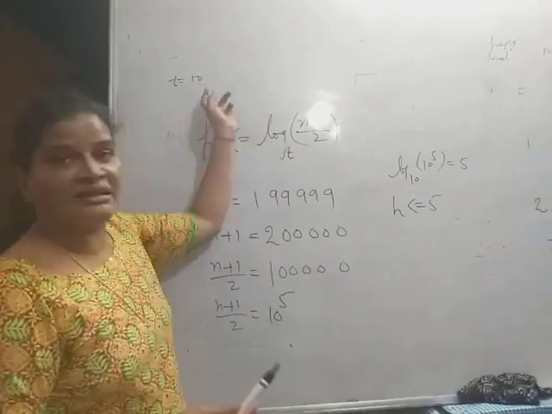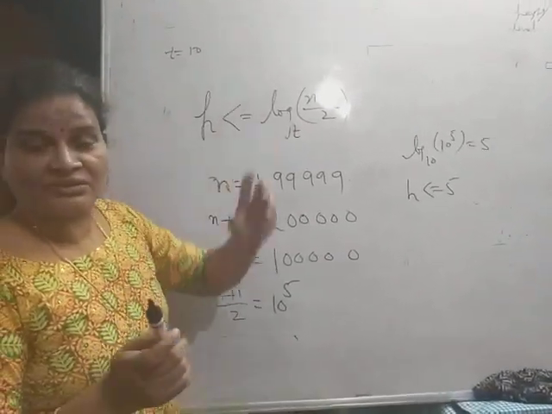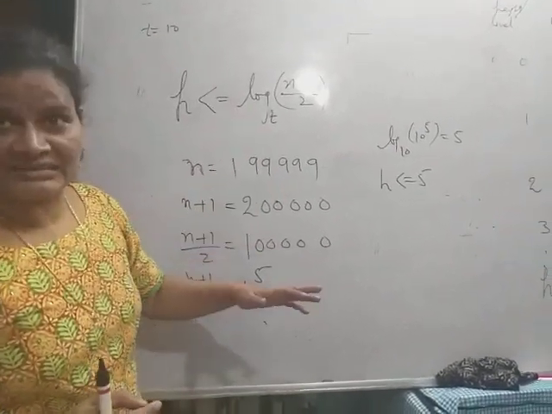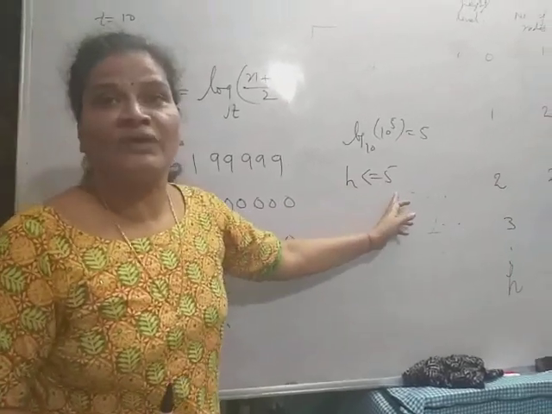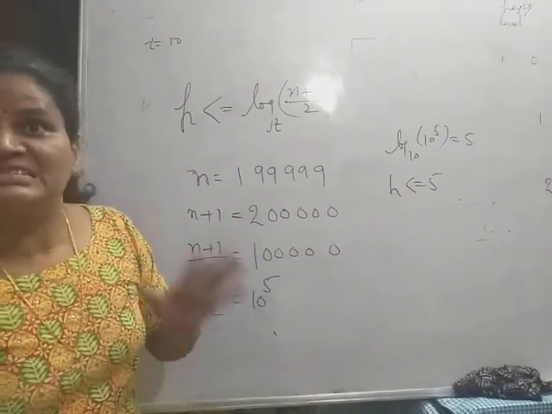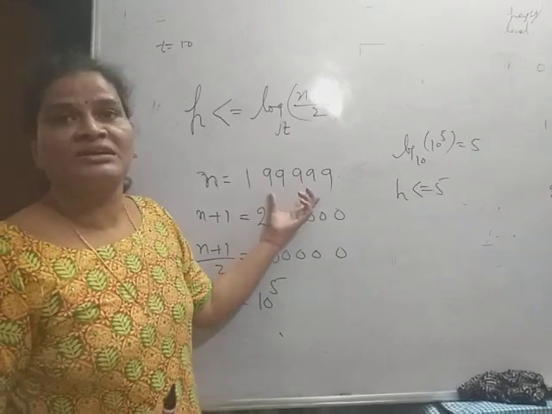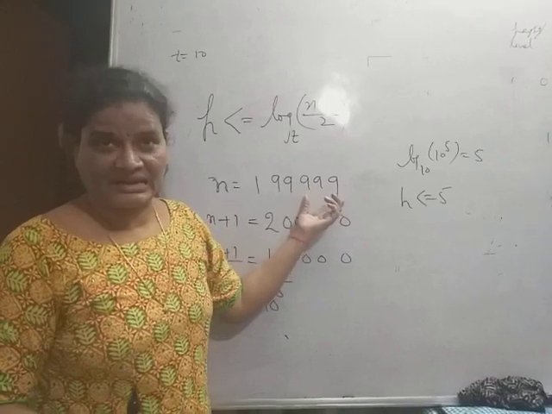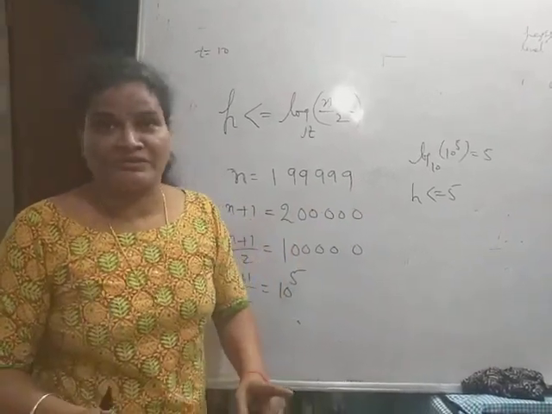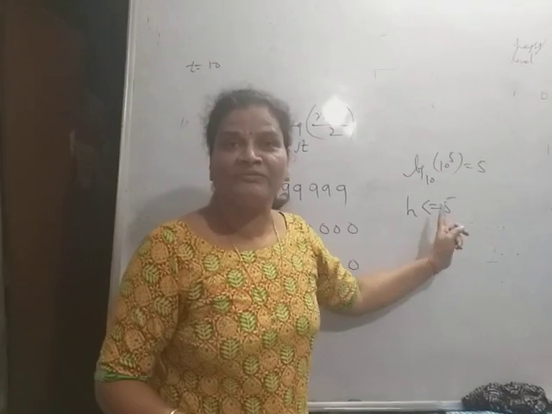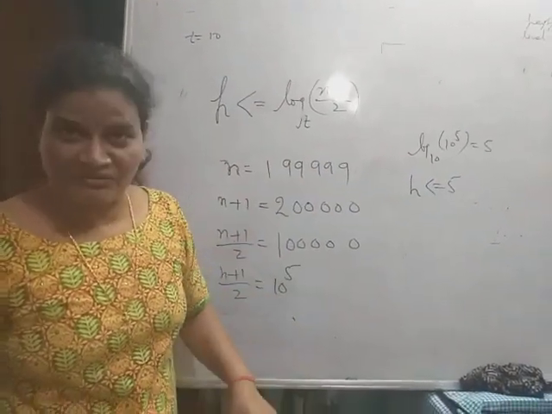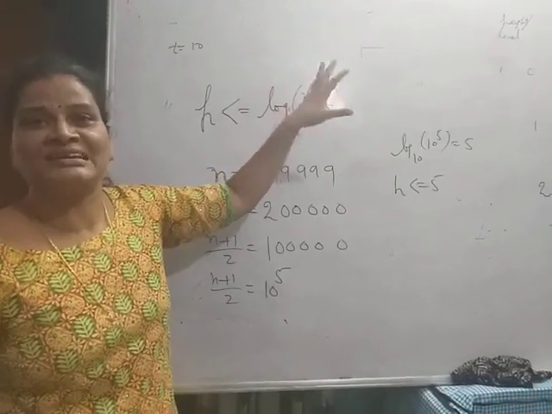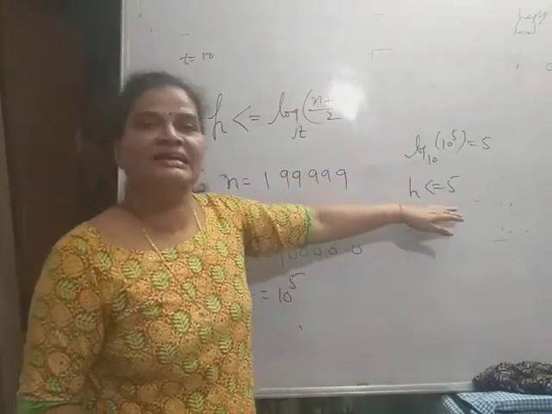It means that if I take the minimum degree of the tree as 10, then in a height of less than or equal to 5, the minimum keys I can store is approx 1,99,999. This is the minimum number of keys in height 5. Now if you go to the maximum number of keys, then you have to take 2t minus 1 keys in the height 5.